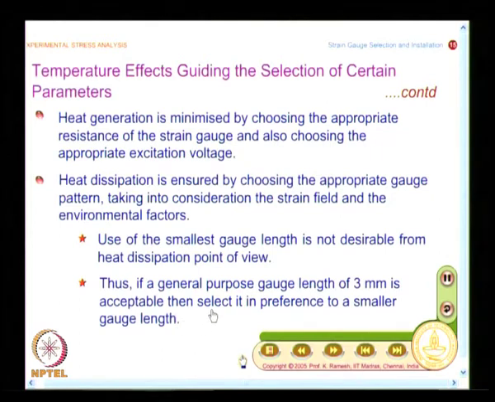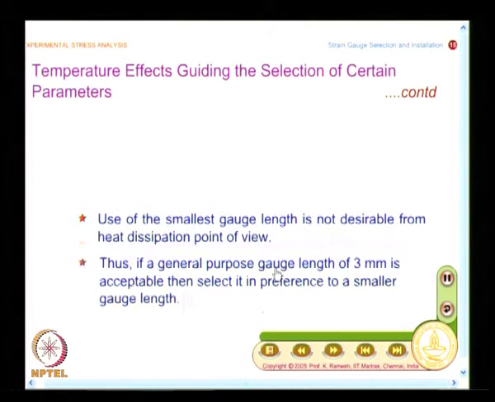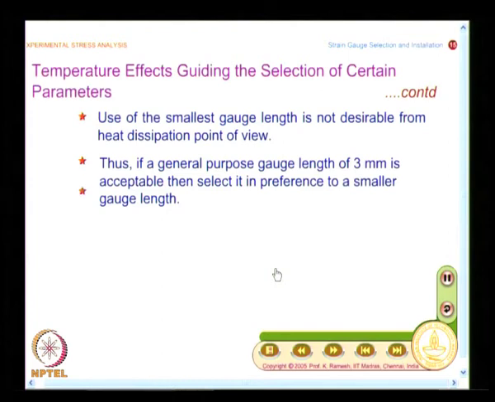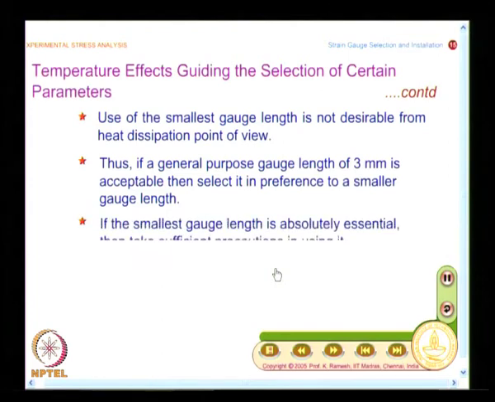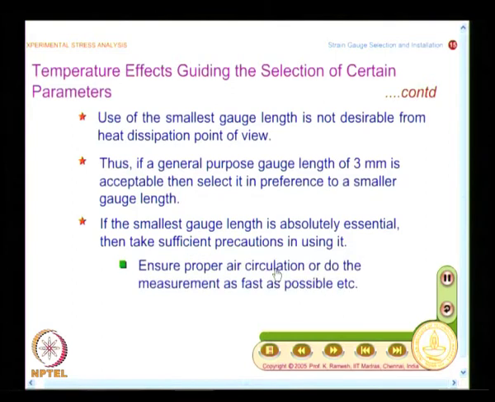So, you need to go in for selecting a longer gauge length from the heat dissipation point of view than what you would normally do if you are not exposed to strain gauge technology. On the other hand, if the smallest gauge length is absolutely essential, then take sufficient precautions in using it.